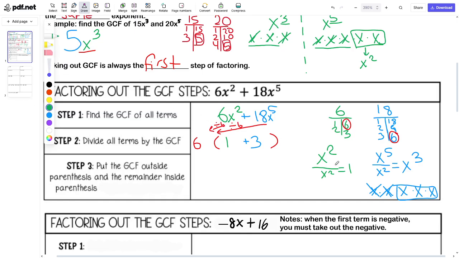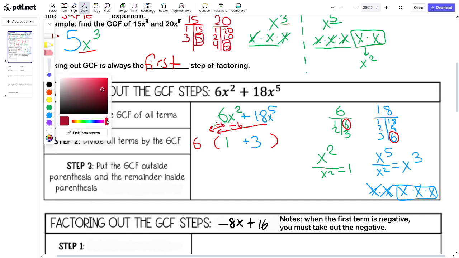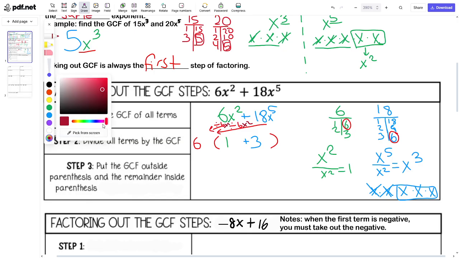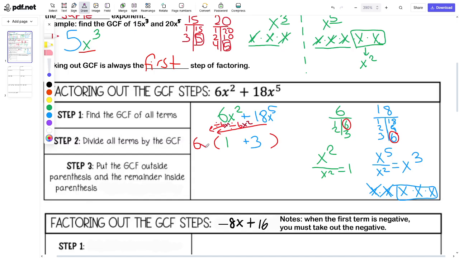All right. So, what we are doing here in the end is we are dividing both of these terms by 6x squared, because this is what they have in common. This is their GCF.